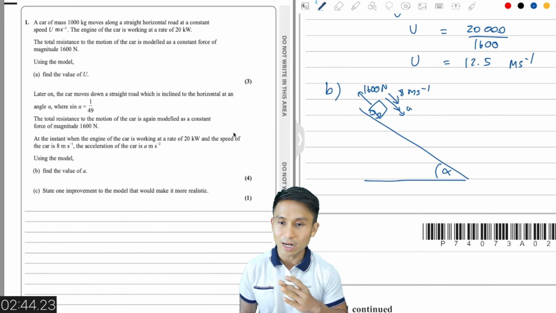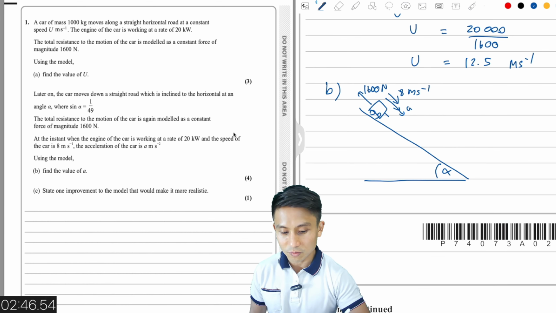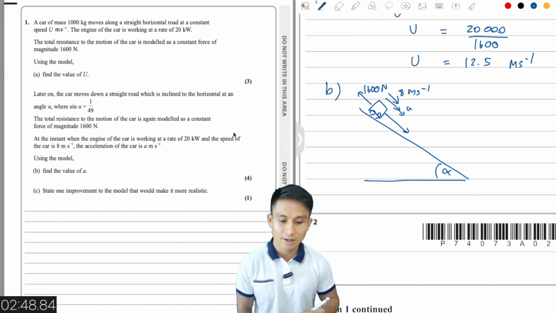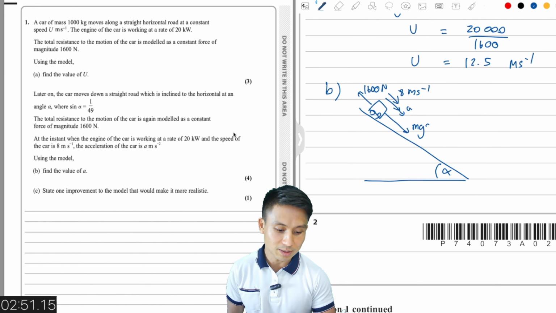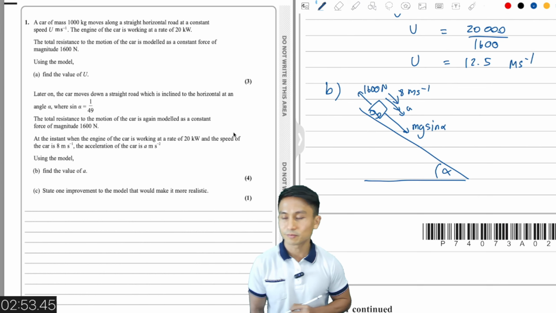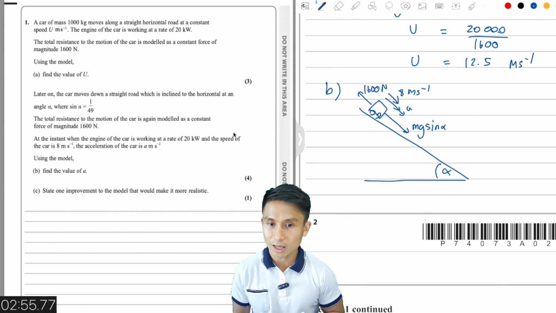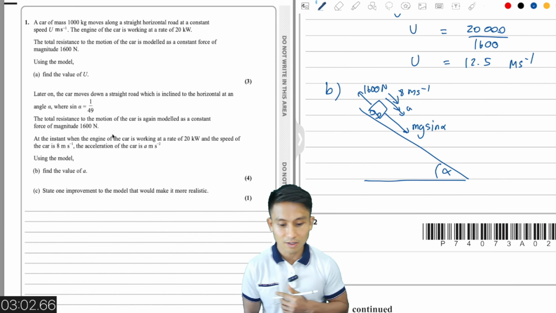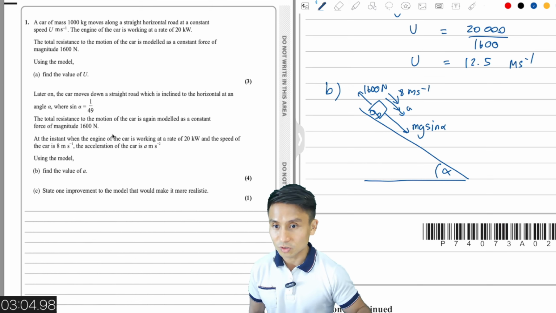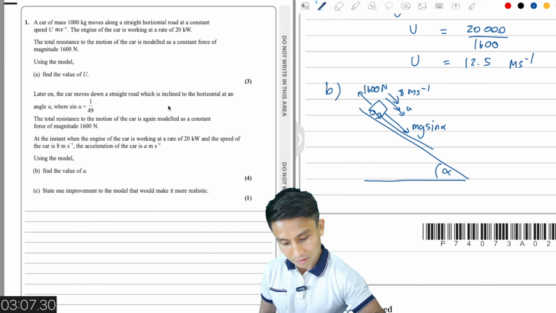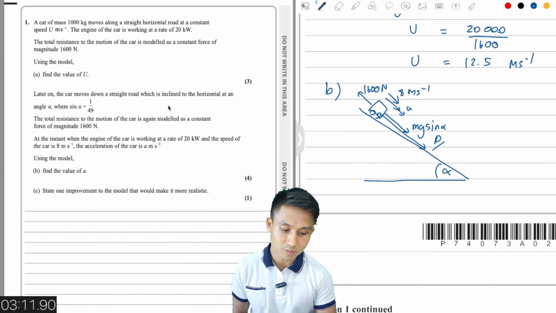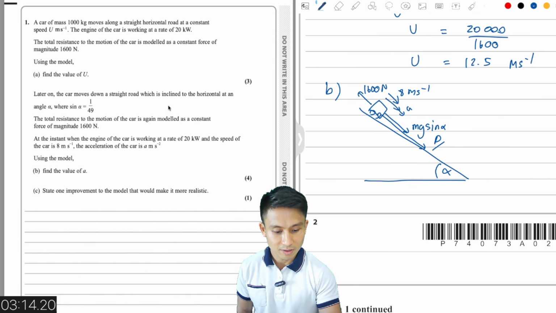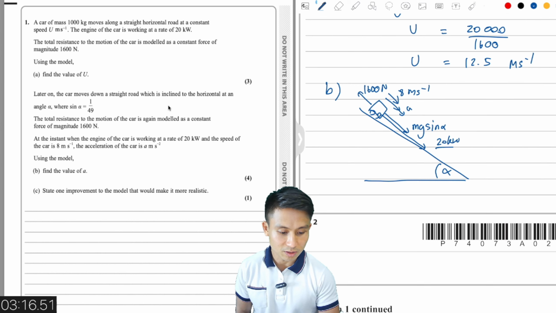So we need to know that the other forces acting on the car would be the gravitational force pulling down, which is very typically mg sine of the angle, alpha here. Because we already consider the resistive force of 1600, that's already non-gravitational, like friction. And then there's also the engine force again, being P over speed, so that's P over 8, so that's just 20 kilowatts divided by 8.